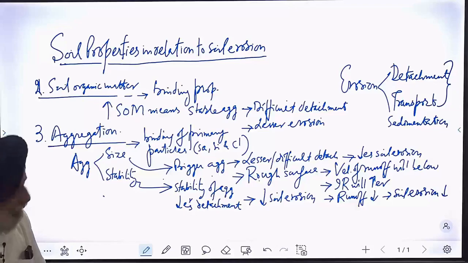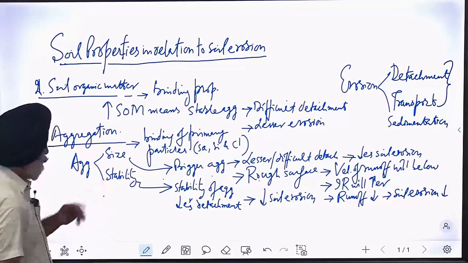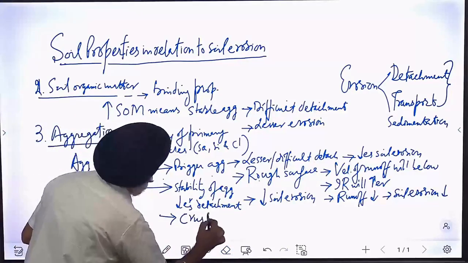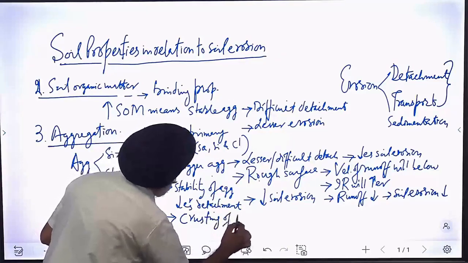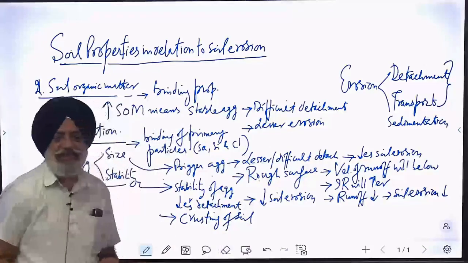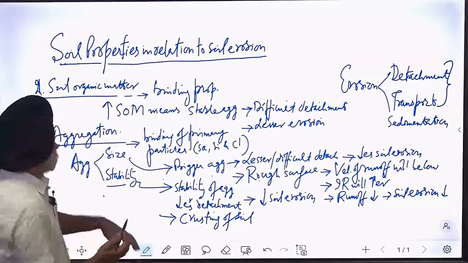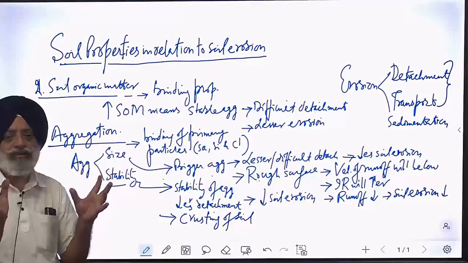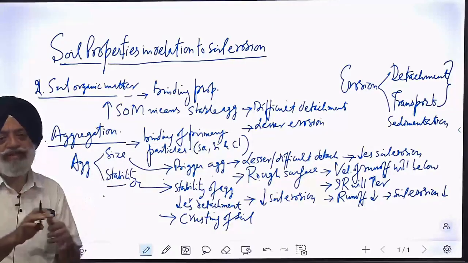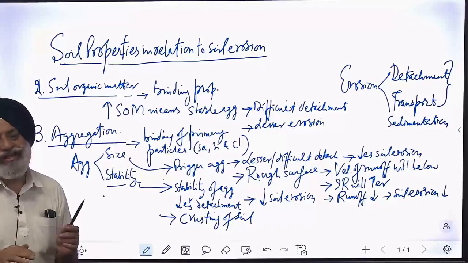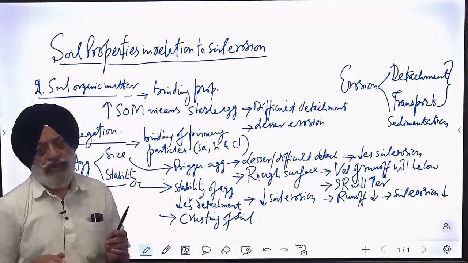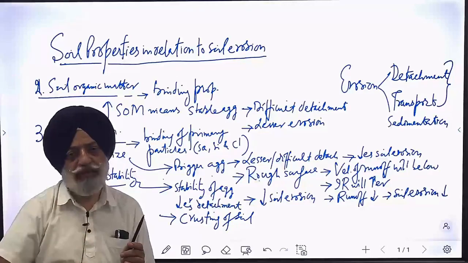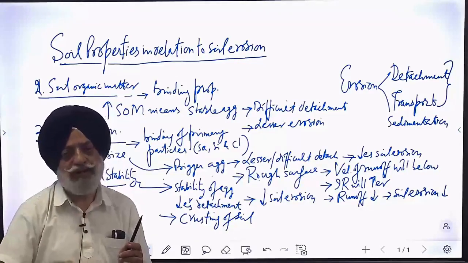Ultimately, aggregate stability also determines the crusting of soil. Crusting you can discuss under soil texture also. Crusting is the breakdown of aggregates into primary particles; those primary particles seal the surface of the soil, and because of the pressure of the falling raindrops, they compact the surface.